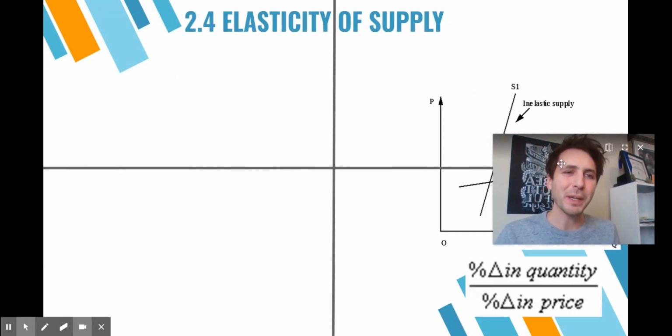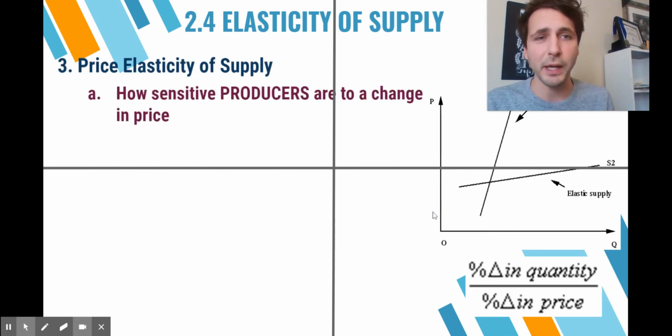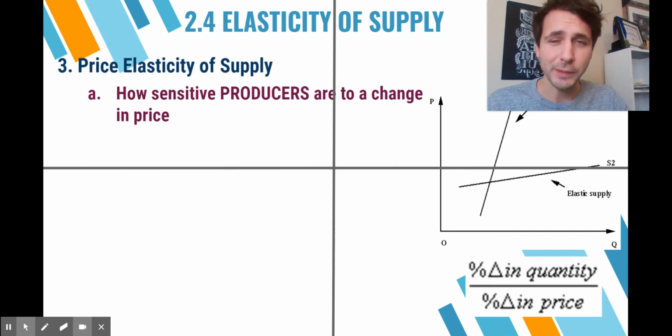So let's take that same idea and apply it to all products, right? The price elasticity of supply looks like this. Again, it's how sensitive producers, suppliers, are to a change in price. Keep in mind that producers are always chasing profit, right? So with an increase in price, I'm going to produce more of those things if it means there's increased profitability.